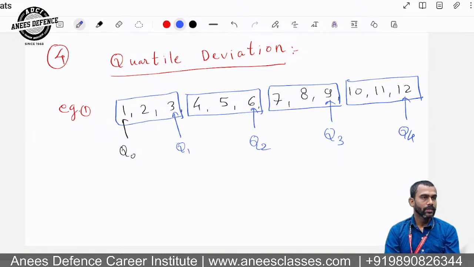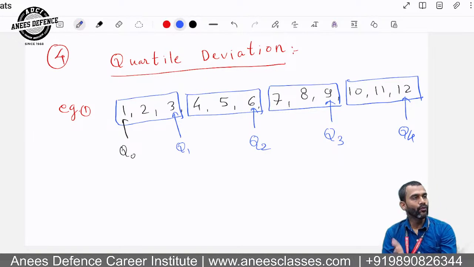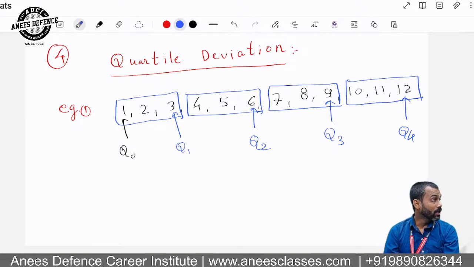So basically Q2 is the middlemost value, that is the median. Q2 is nothing but the median, or for discrete data, between 6 and 7. But for a frequency distribution, directly we say the n by 2th observation, that is the median class. So can I say Q2 would be the median for continuous data?